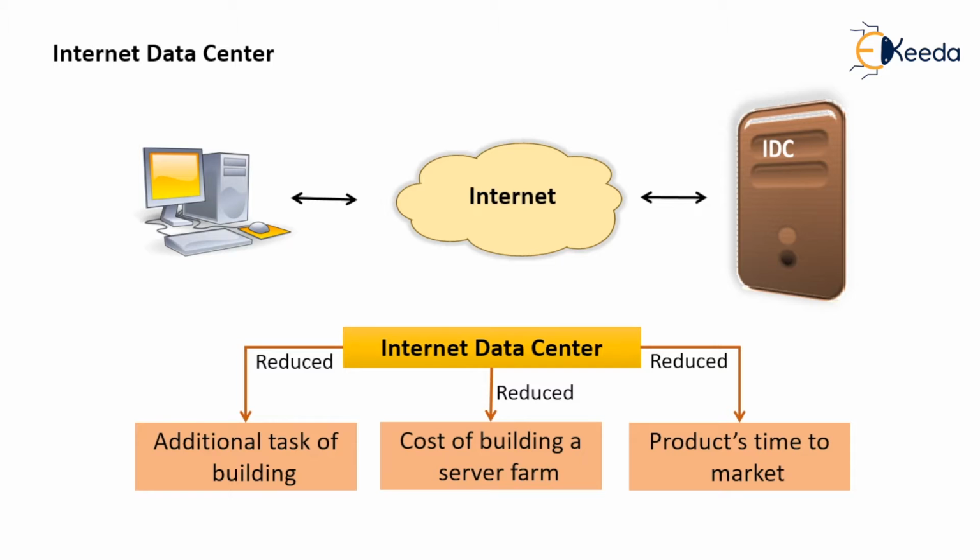As you can see in this picture, the IDC is the central part of the data center, where the general user gets connected. For example, there are a number of e-commerce portals like Amazon.com, Flipkart.com, eBay or Snapdeal.com, where users simply access their application.